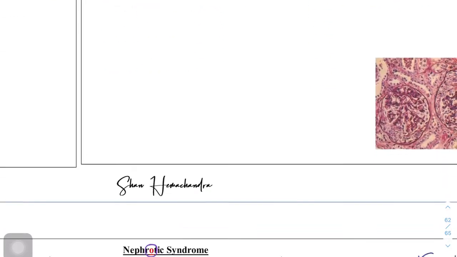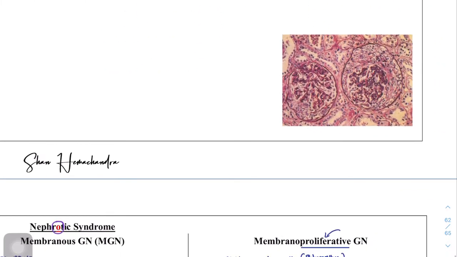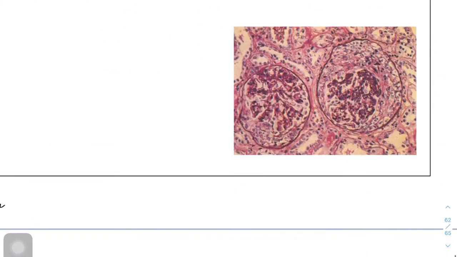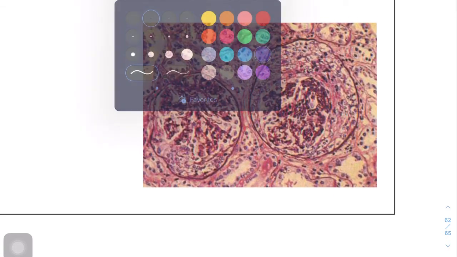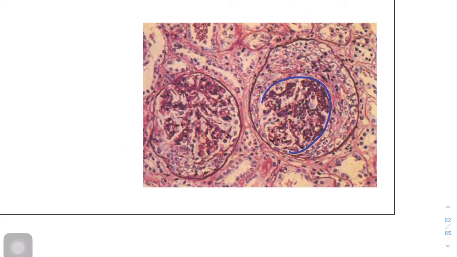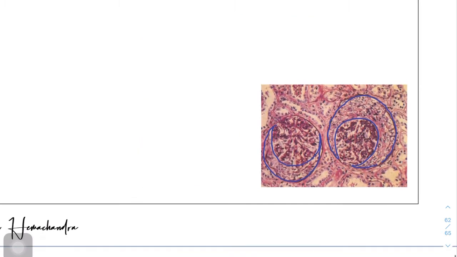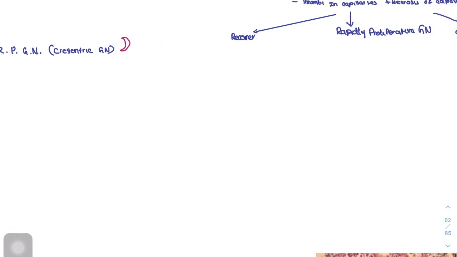Why does that matter? Because if you look here in this image, you can see the crescent shape. You get crescentic shape in this disease.